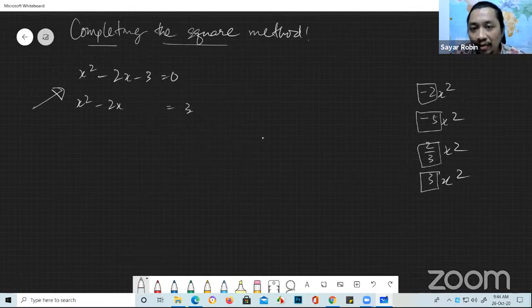Now we think about what we are going to complete. Here we have x and 2x. The coefficient of x is 2, so you have to learn a shortcut way.